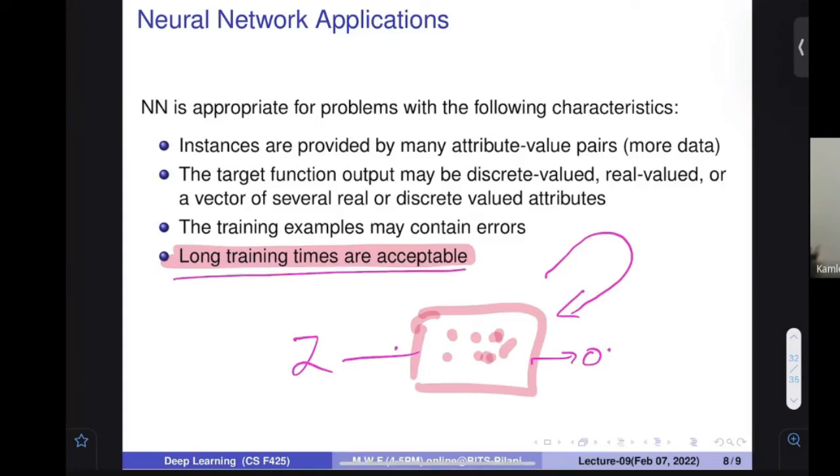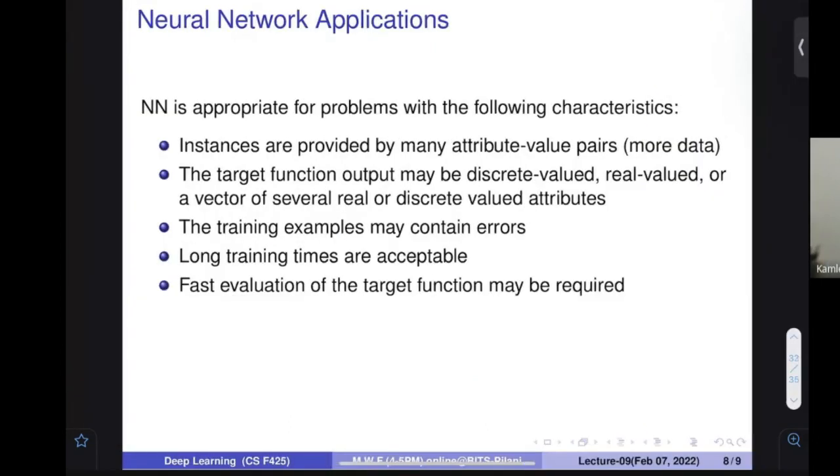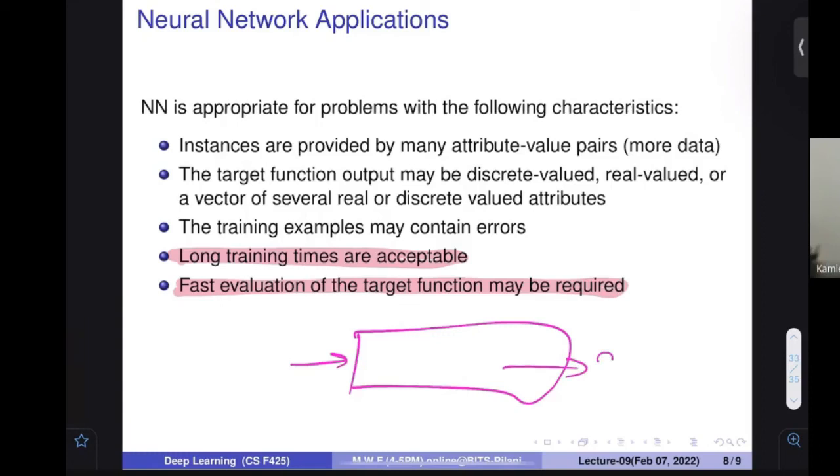However, when the system is trained, given the input, with no time you get the output. It takes a long time for training, but fast evaluation of the target function is required, meaning immediately you want to take the decision. It doesn't need any kind of computation to find out something; you just give the input, it passes through the network, and at the end you get the output.